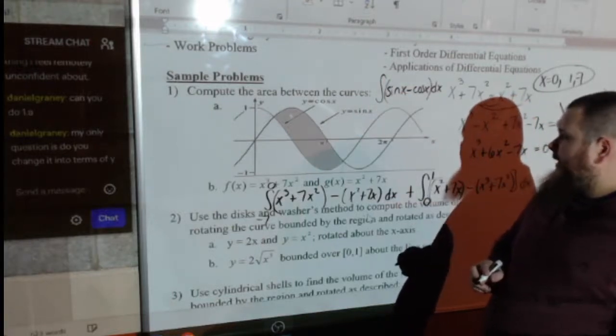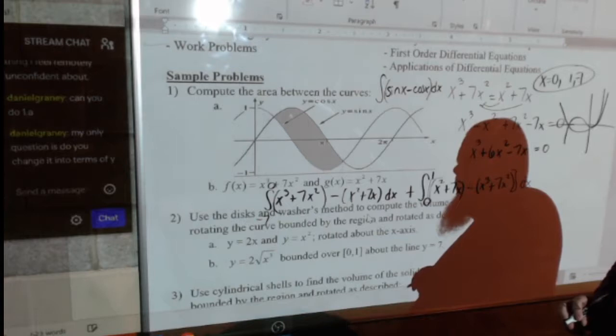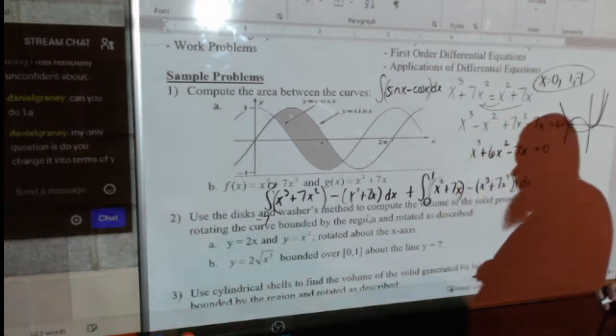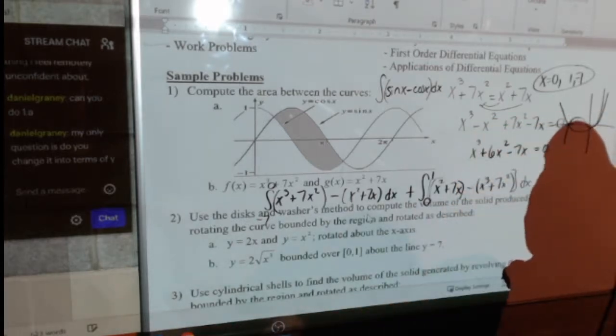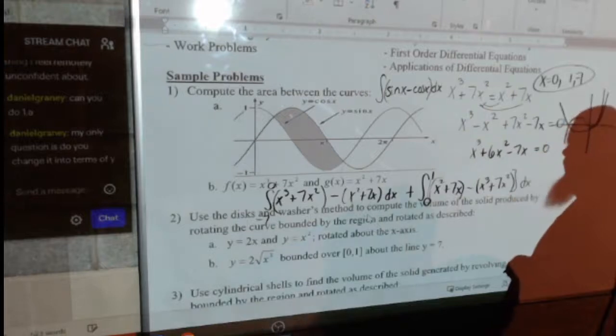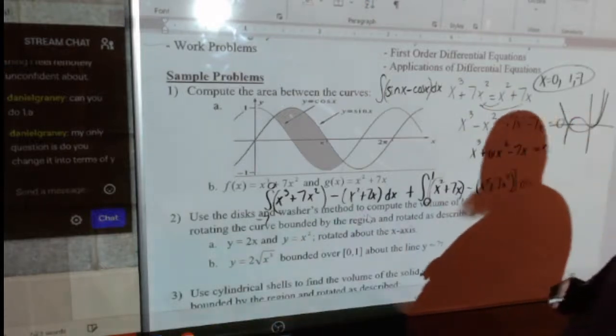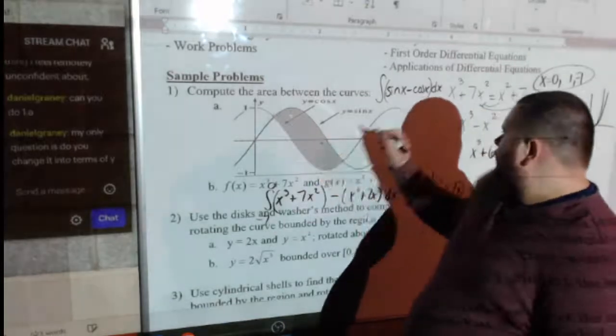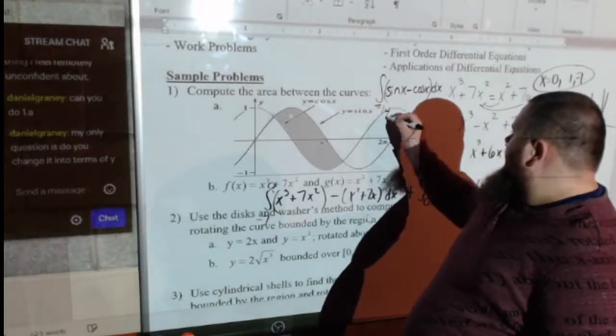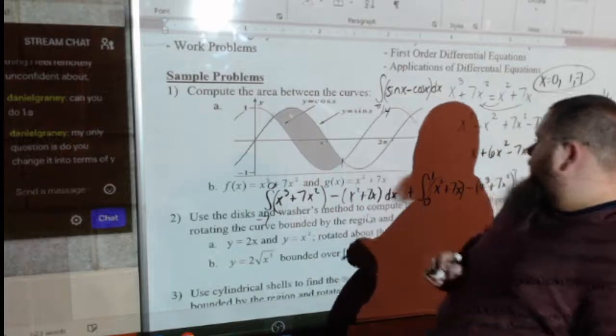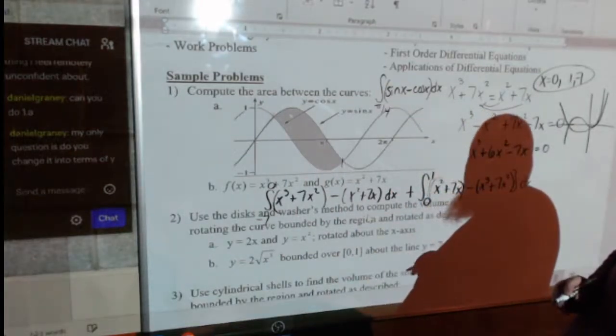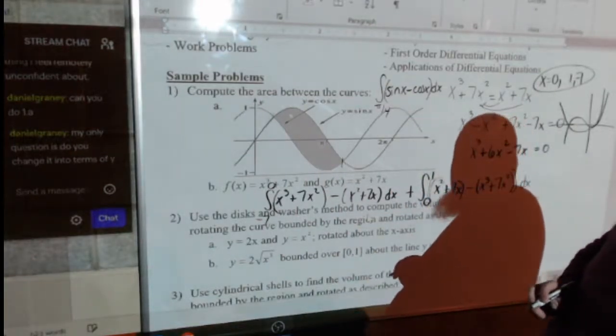So you would need to find out, when does cosine equal the sine. And that should be at what? Should be pi over 4, I believe, there. And then this one, I think, is going to be 3 pi over 4.